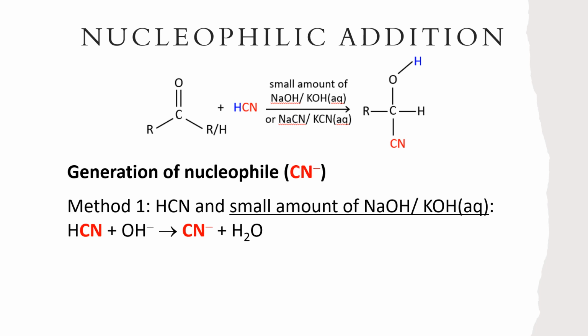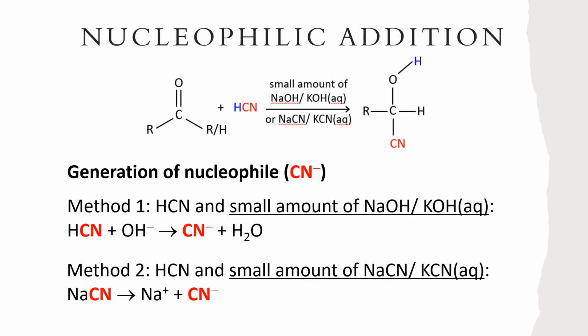By adding a small amount of alkali, some HCN will be neutralized to give CN-. Note that adding too much alkali could react away all the HCN required for the reaction. If KCN or NaCN is added, they will dissociate completely in water to give CN-.